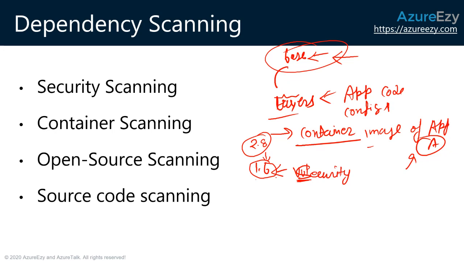Quality can include best practices, syntax, many organizational level practices, tests, and so many other things which you may want to scan in your code, so that you can define, okay, these are the things which are already there. So you may have to look at those things, and there are tools which can help you.